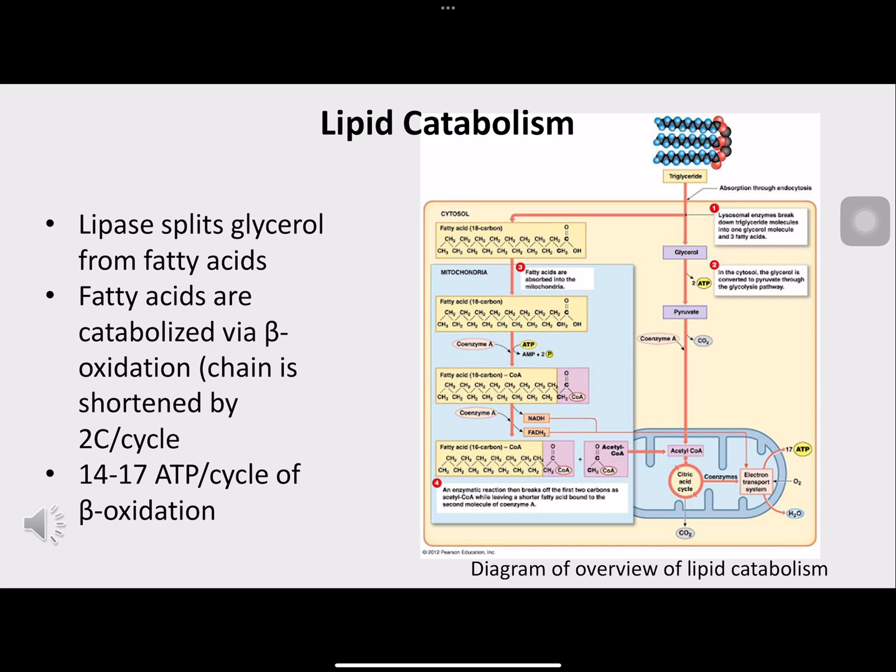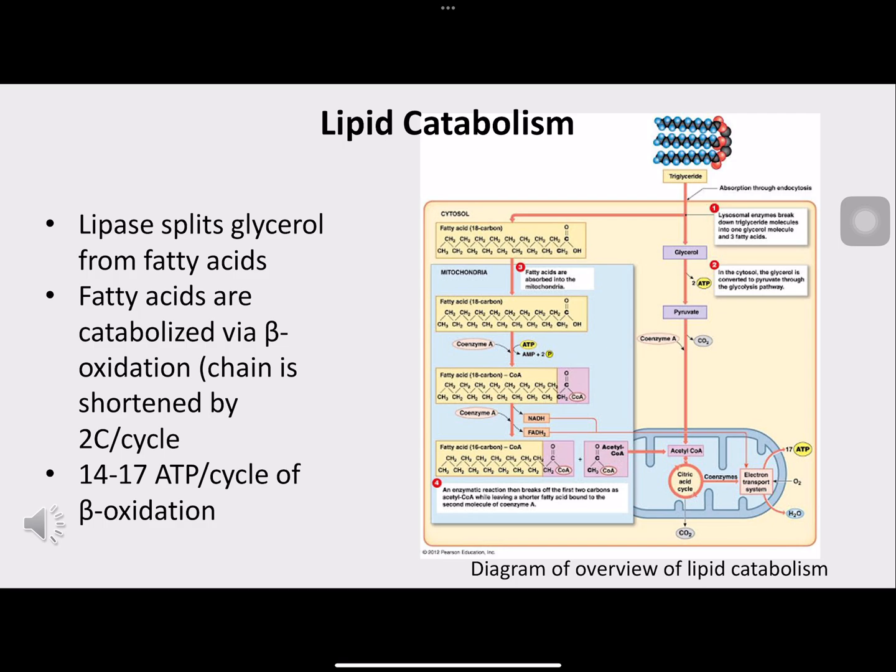What's the beta part? Well, if we look at that 18 carbon fatty acid, we have the carboxyl carbon. Then the carbon next to it going towards the left is designated the alpha carbon. The next carbon is the beta carbon.